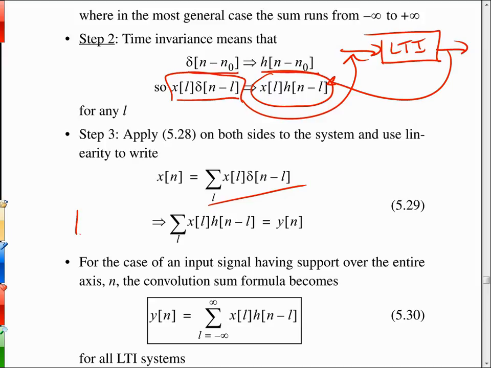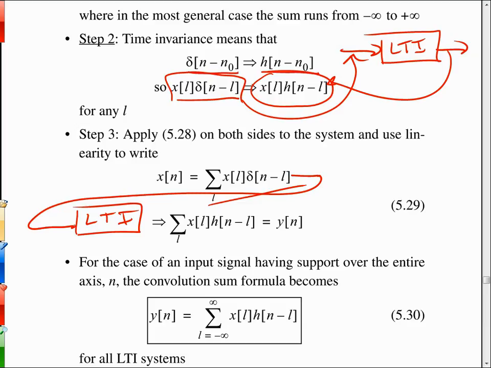So this arrow here means we've come through the LTI system with this input. So this input drives in, and then it produces at the output x of L, h of n minus L, because individually we can apply those to the system and get the corresponding output x of L, h of n minus L.